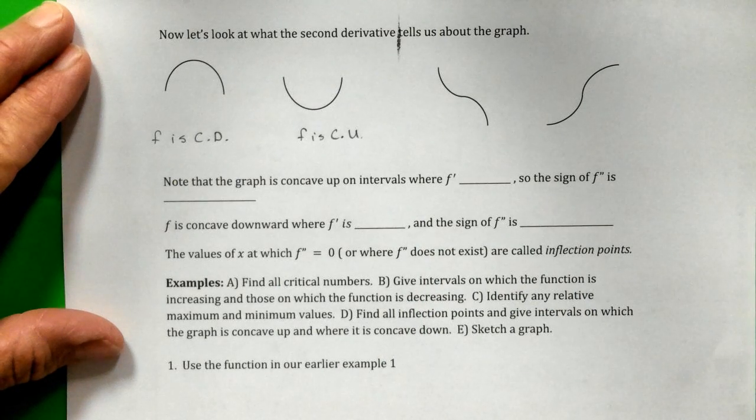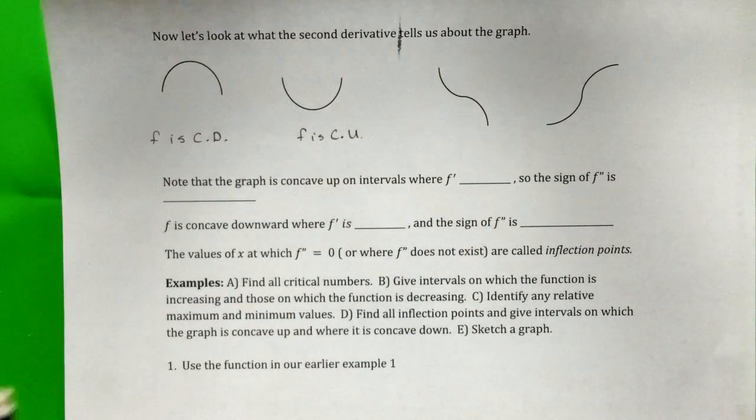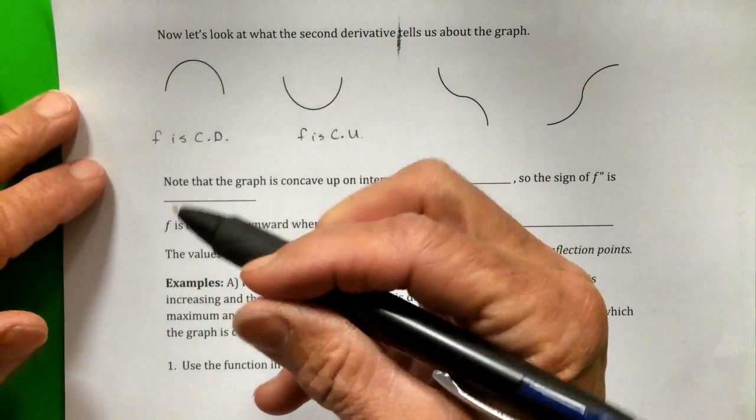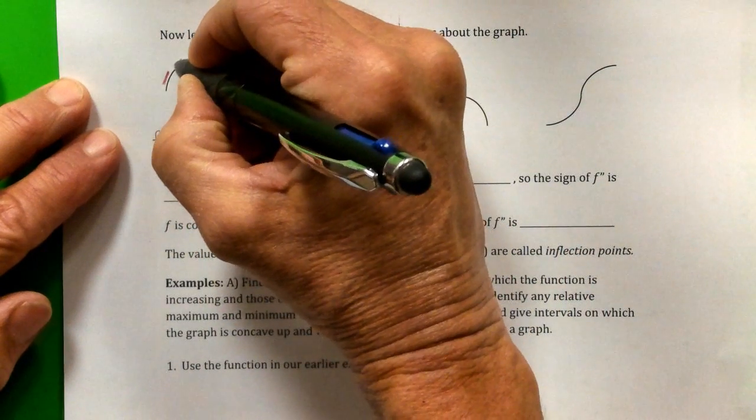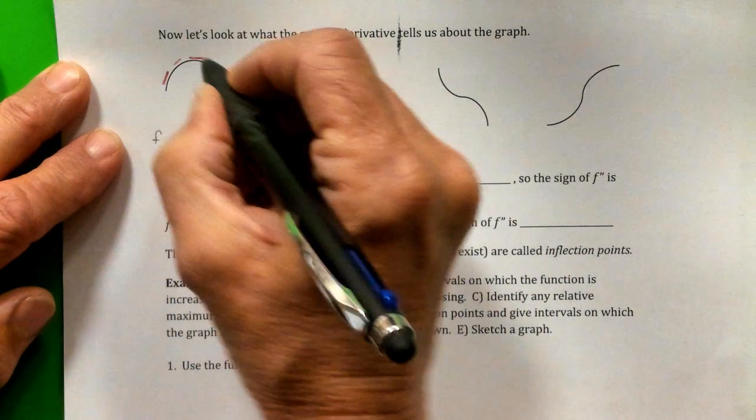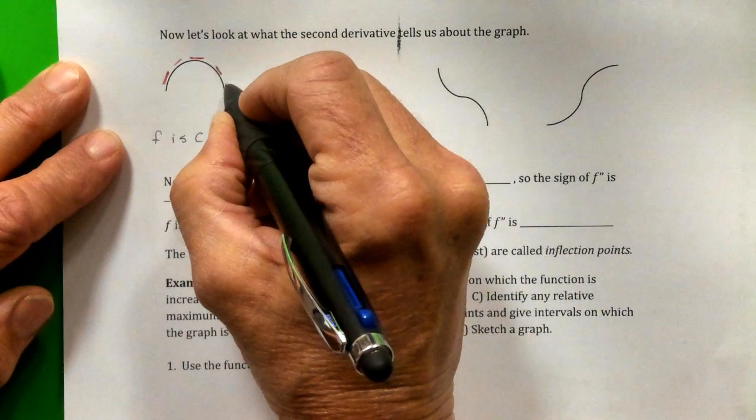Now let's look at the derivatives on a portion of the graph that's concave down. The derivatives are the tangent line. So if I draw you some tangent lines here, they start out with some positive numbers, then the derivative becomes 0 and becomes negative.